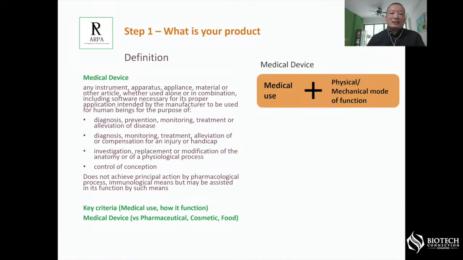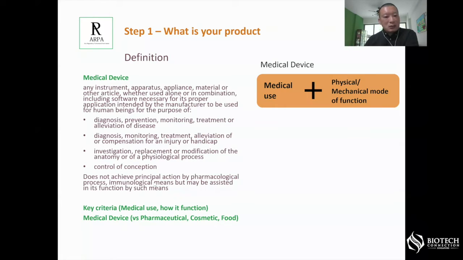And then the second thing is how does it work? And you can see on the second one here is physical and mechanical function. So what it means is how the product works must be in a physical, mechanical, electronical way, because drugs also have medical use, right? But how they work is a pharmacological way, or to a certain extent, a chemical way.